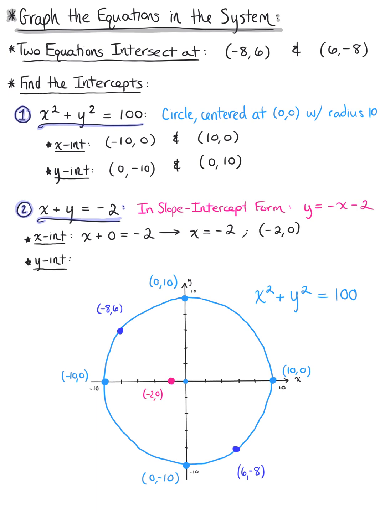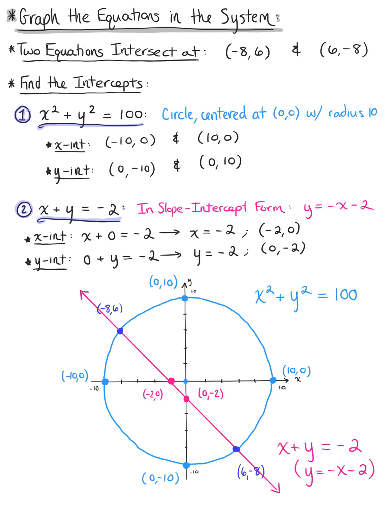And for the y-intercept, if we let x equal 0 and solve for y, we see we have y is equal to -2, or the ordered pair 0, -2. And connecting these x and y intercepts with a straight line, we see the graph for the linear equation, x plus y equals -2.